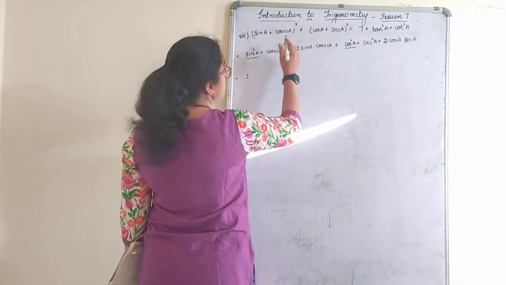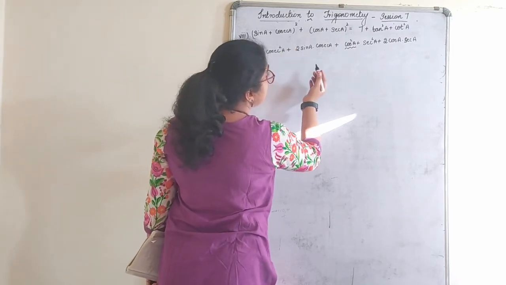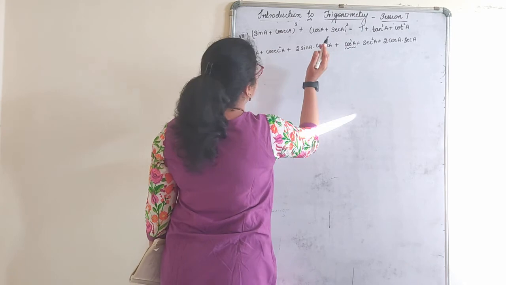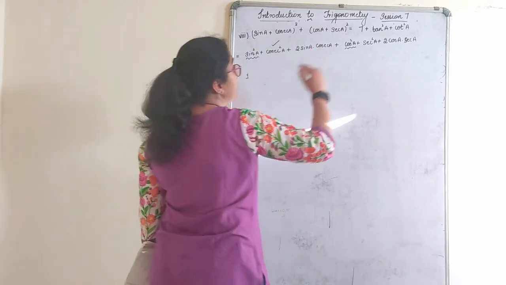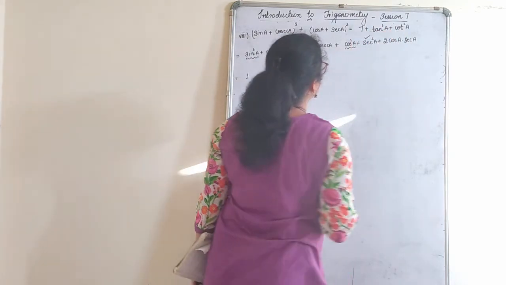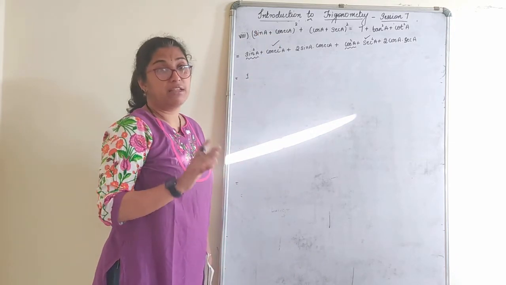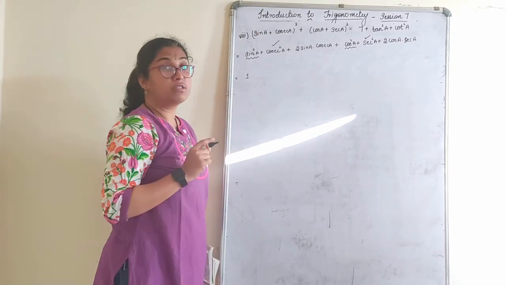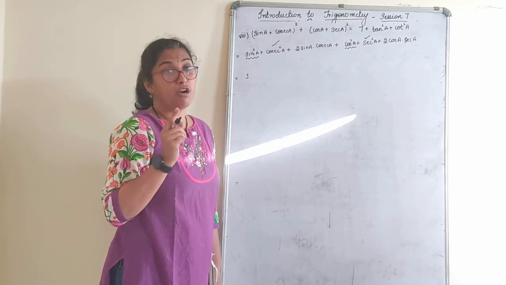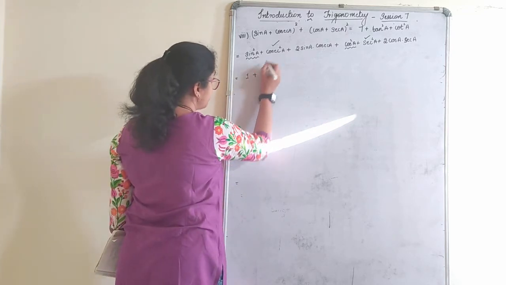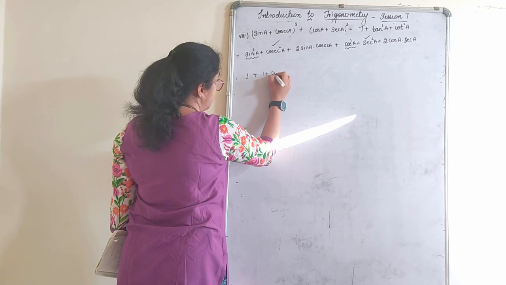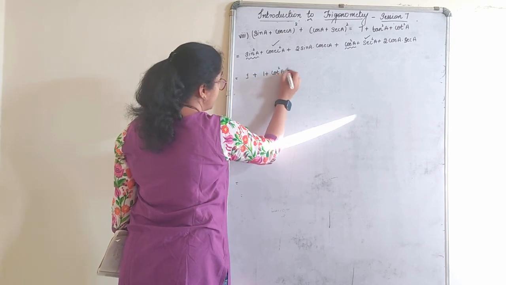Then only that is possible here. Next, anything else you have? You have cosec square A and you have sec square A. Do you want to make use of cosec and sec in the given? No. What is cosec square A? 1 plus cot square A. Write it.